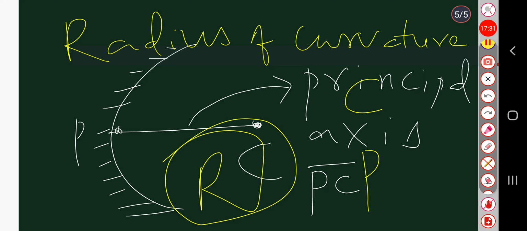The pole is the geometrical center, the midpoint of the curved surface. The principal axis is an imaginary line passing through the pole and the center of curvature. The distance between the pole and the center of curvature is called the radius of curvature.